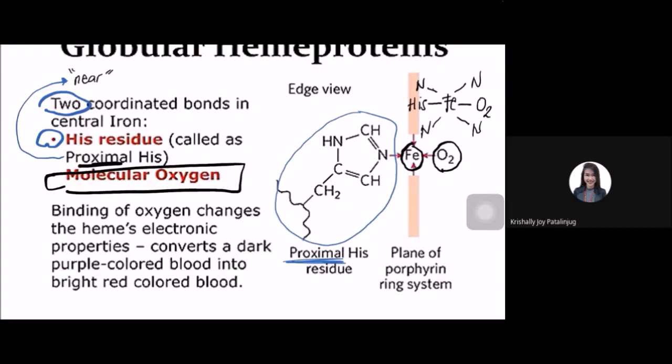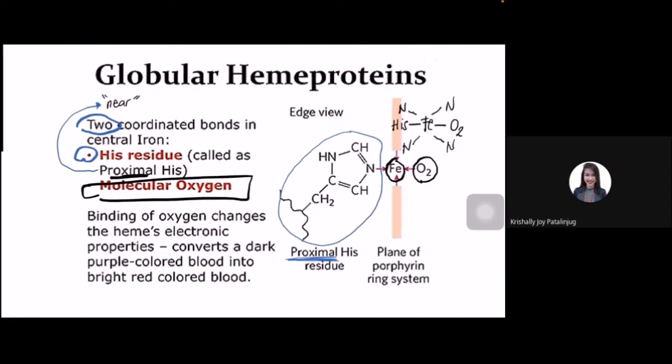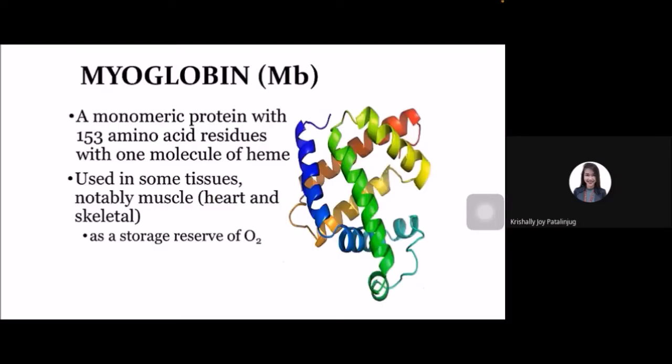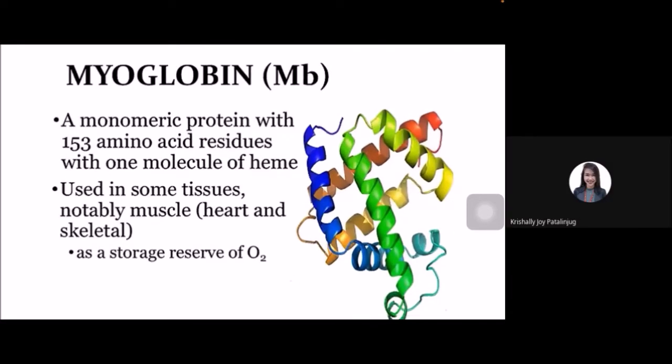Okay. Now, let us discuss the first type of globular protein, the myoglobin. So unang type muna tayo ng globular protein. Myoglobin is a monomeric protein. Ibig sabihin ng monomeric protein, isa.